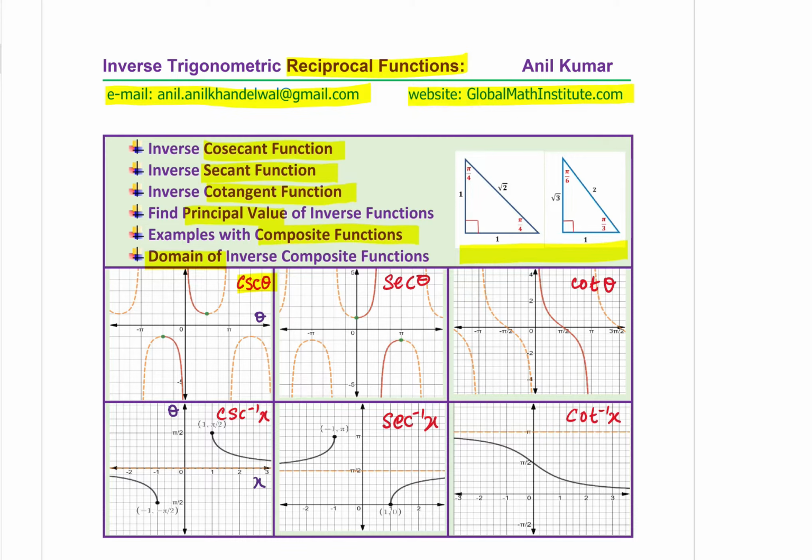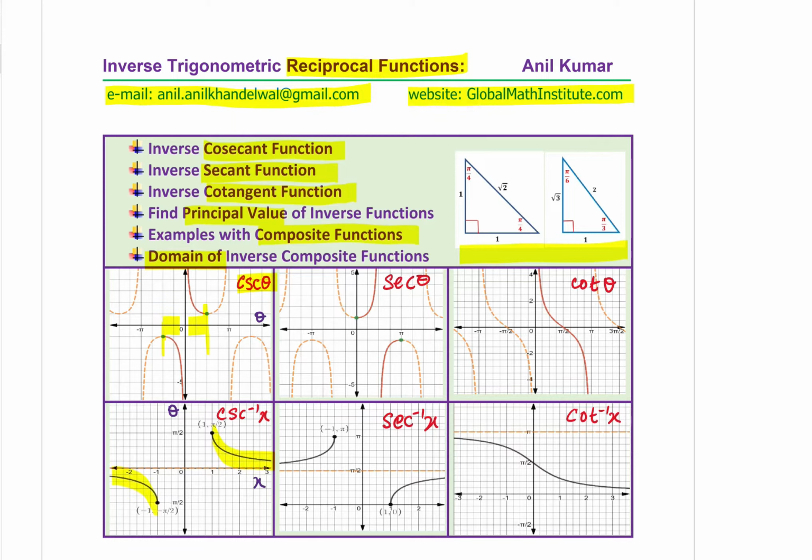So we restrict the domain from minus pi by 2 to plus pi by 2, not including 0, of course, right? So that becomes the restricted domain. For this restricted domain, we'll have the inverse as a function. We'll call these values the principal value. The inverse is shown here in the diagram below.